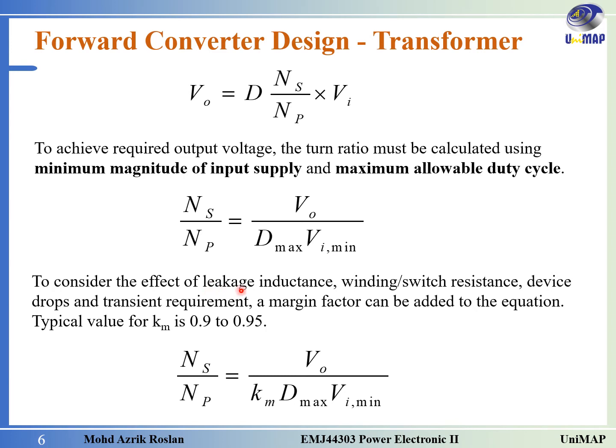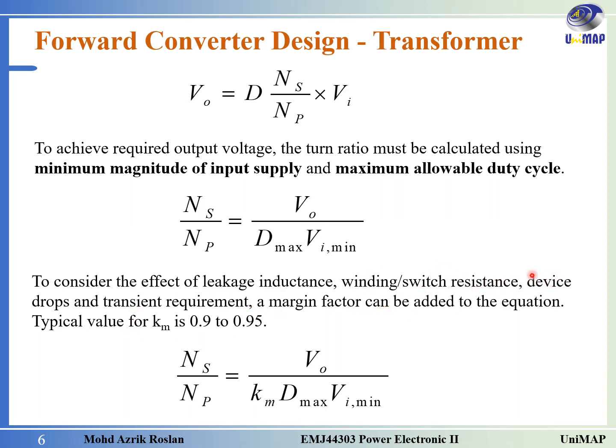To consider the effect of leakage inductance, winding and switch resistance, device drop, and transition requirement, usually we will have a factor added into our equation to take care of all of these parameters. Leakage inductance will cause a voltage drop in the output voltage, as well as the winding and switch resistance.